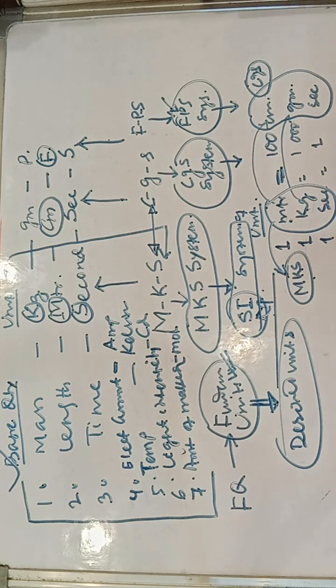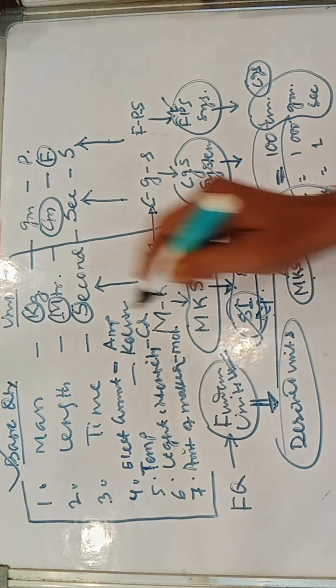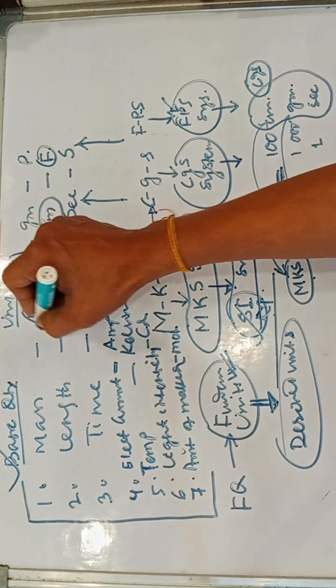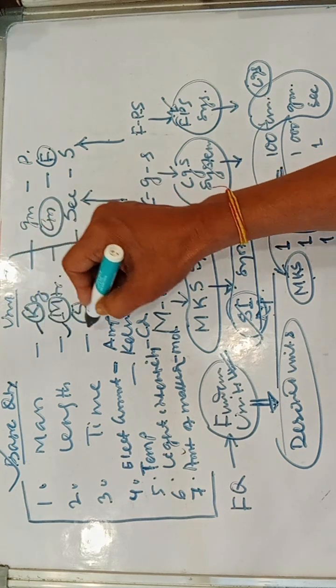Now we will always be referring to SI system or International System of Units. In this International System of Units, we will be considering this MK system, meter, kg, second.